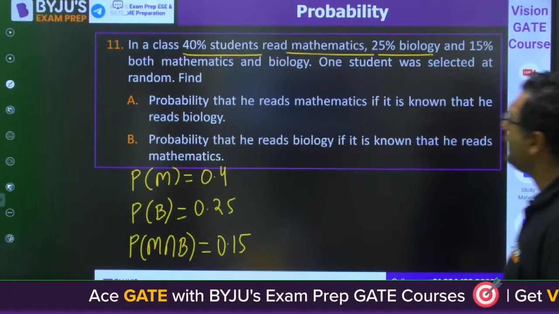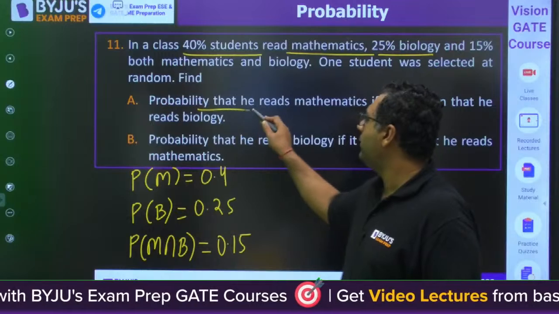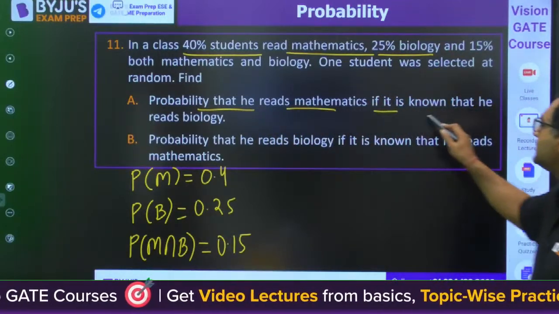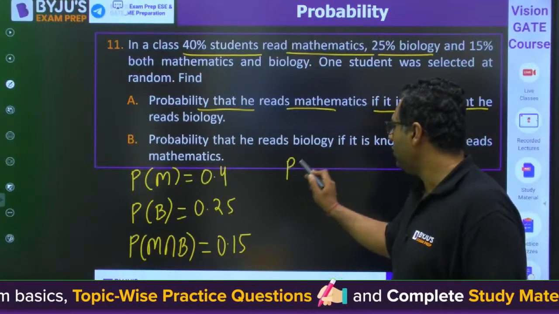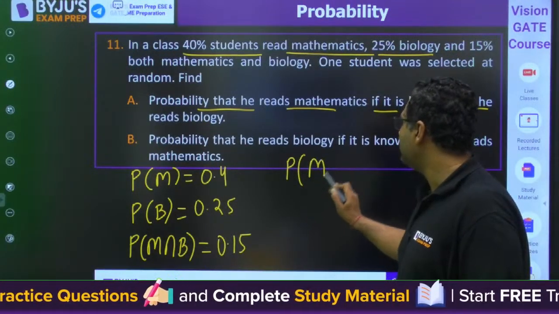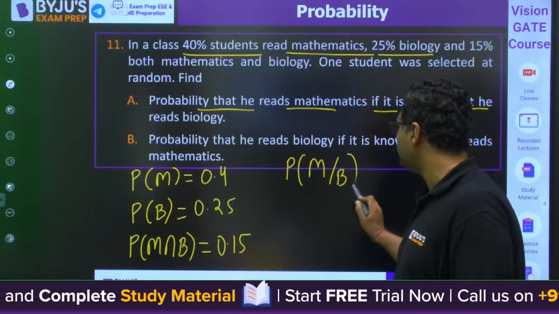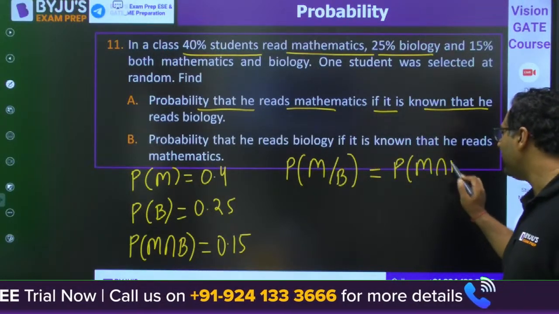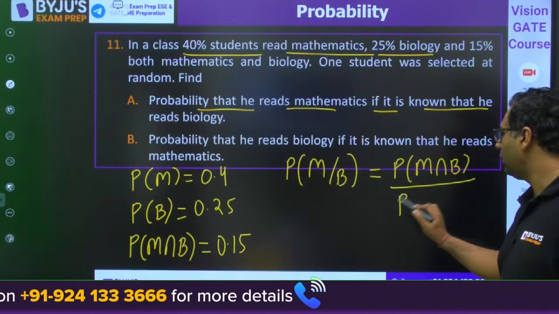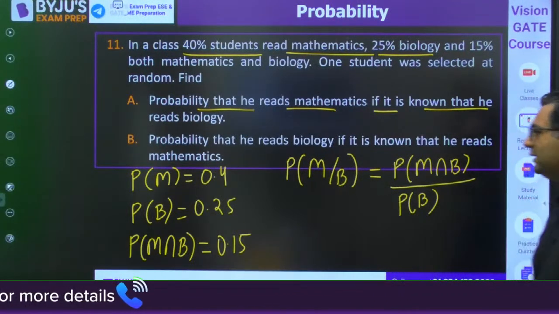One student was selected at random. Find the probability that he reads mathematics if it is known that he reads biology. Probability of mathematics if he already reads biology. So that is nothing but probability of math and biology by biology. Very easy question.